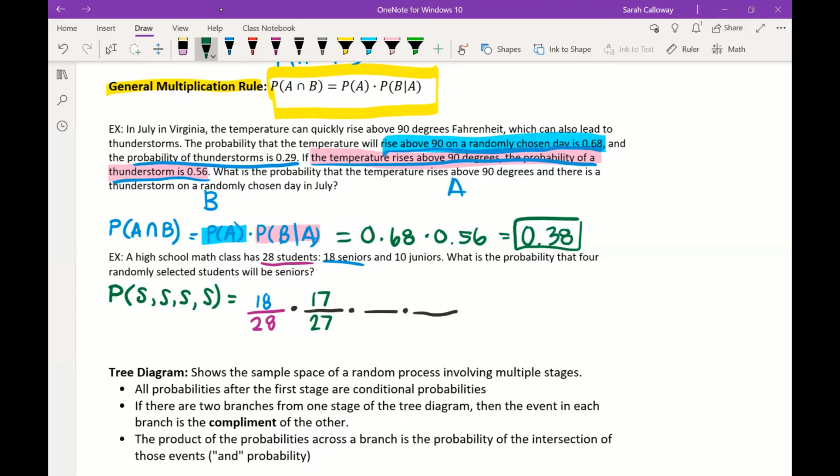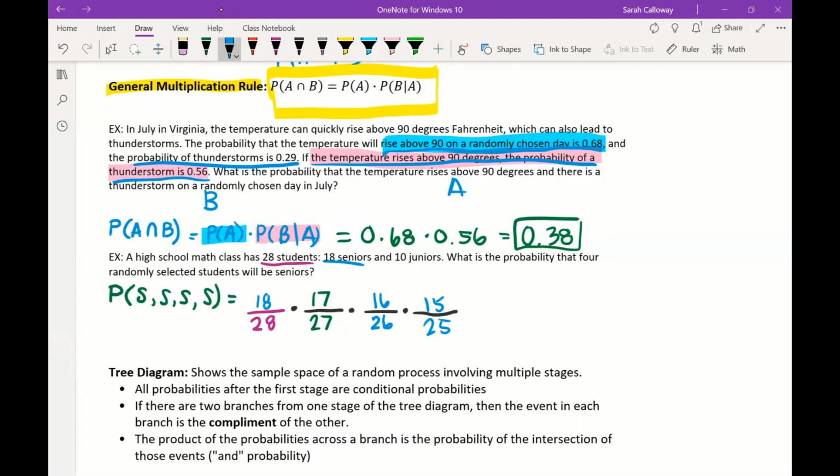Then in the next round, I've got 2 students gone, so there's 1 less senior and 1 less student. And then finally, I've got 3 seniors chosen, so I have only 15 seniors left to choose from and only 25 students left to choose from.